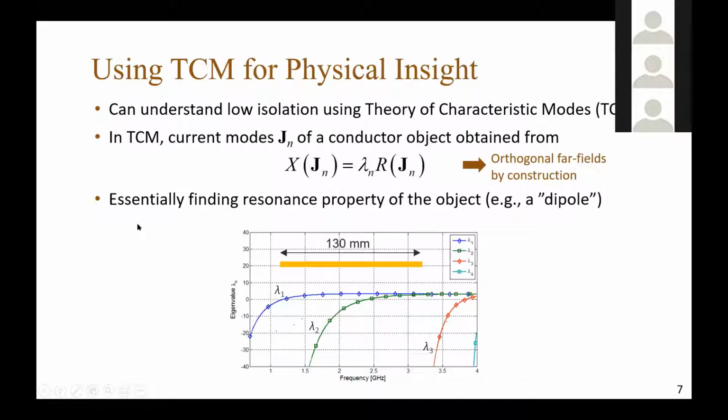Essentially, first we try to find these modes by solving the eigenvalue problem. It means that we are finding the resonance property of the conducting object. So if we have a shape like this, a strip, which we can see as a short dipole, then we can solve this problem at different frequencies.